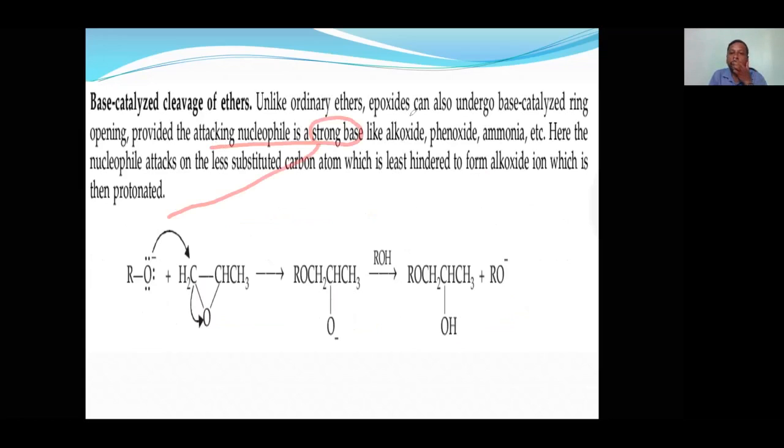Alkoxide is a strong base, or phenoxide, ammonia. It attacks at the less substituted carbon. Earlier H plus attacked first, and here RO negative attacks at the less substituted carbon, O negative forms, and again this H will attach here, RO negative will be given back. This is the acid and base catalyzed ring opening of cyclic ethers.